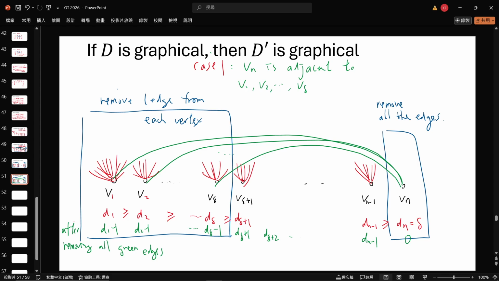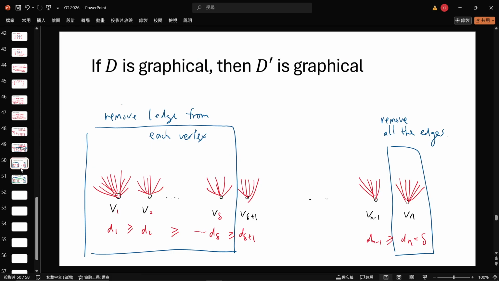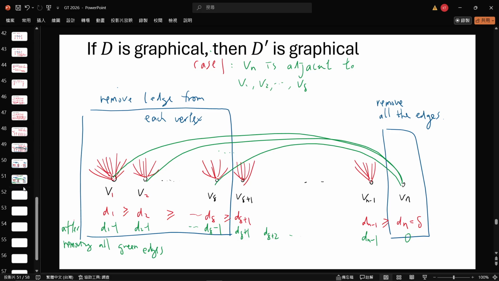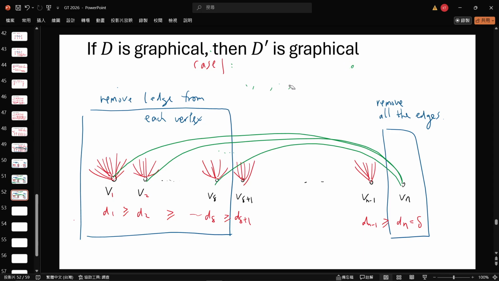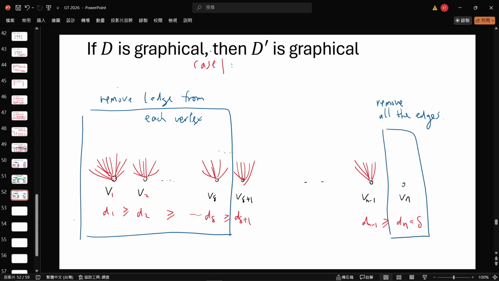All right, so case 2. What is case 2? Case 2 is the case where Vn is not adjacent to some of these vertices.